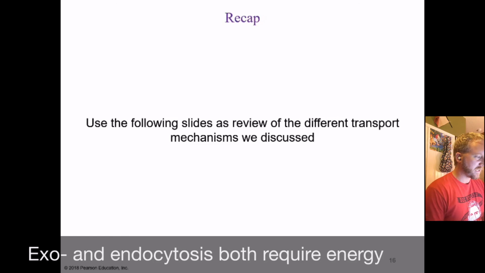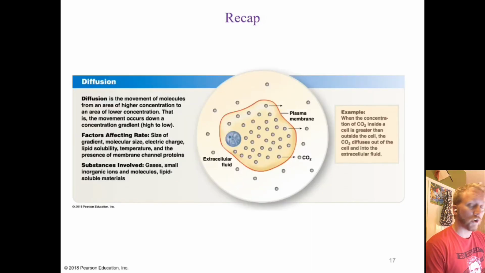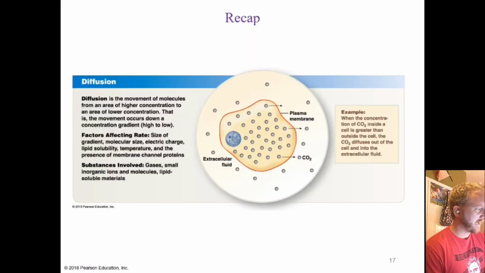I've got a few slides in here. You can go back and look at the lecture slides to download these ones. They're handy dandy little charts for looking at the different processes. Like diffusion, which is passive transport, either within a cell or outside of it, going from high to low.